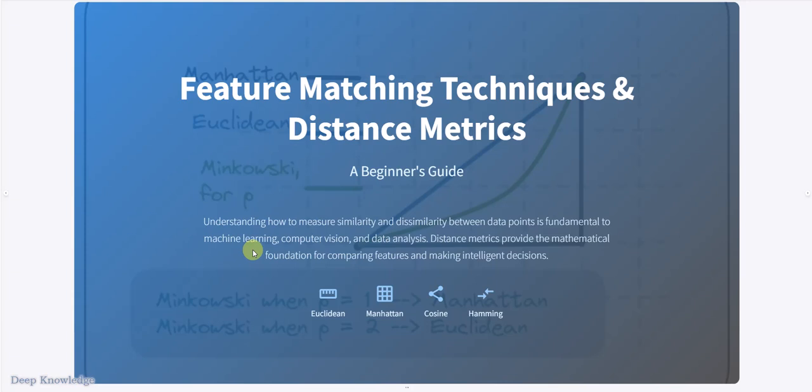Think of this as different ways to measure distance between data points, just like we measure distance between cities in different ways. These metrics are the building blocks of feature matching techniques, which help computers find patterns, make recommendations, and recognize objects.